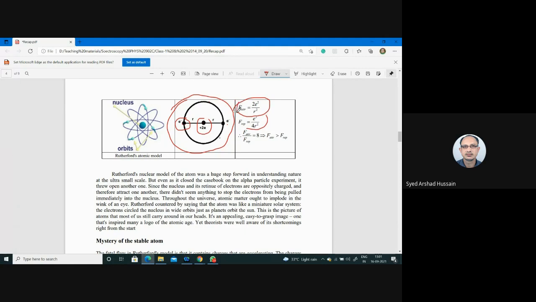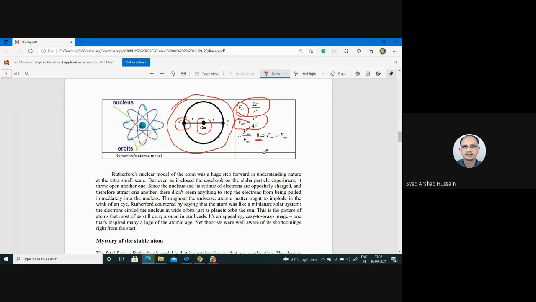Since in the atom electrons are confined and it's a stable configuration, there should always be a balance of interactions or forces. If you compare these two components, you can see that attraction is 8 times greater than the repulsion.